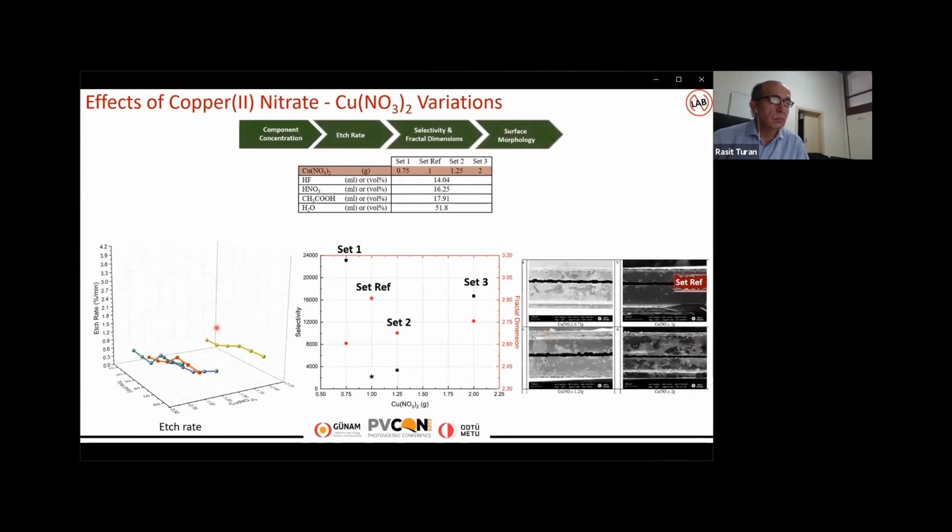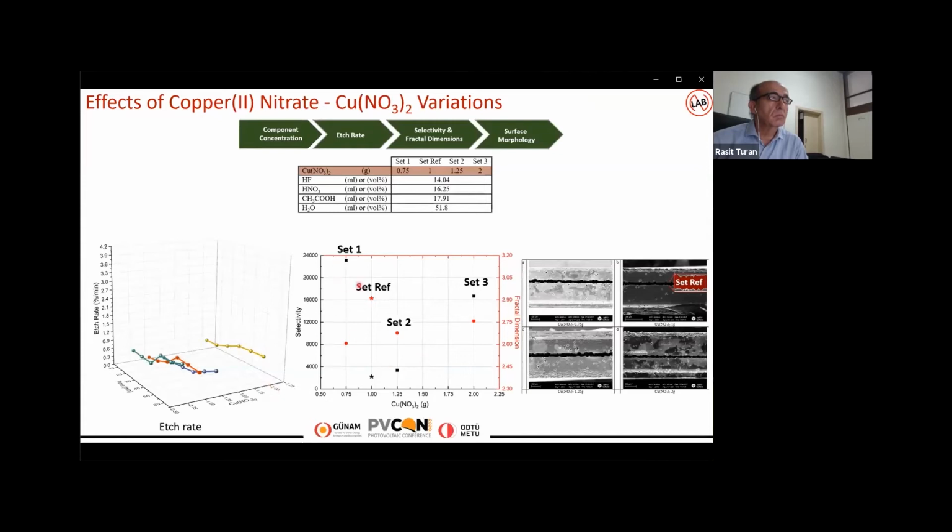As you can see, the etch rate of the laser modified region decreases as the amount of copper nitrate increases up to 1.5 gram. However, the etch rate starts to increase with a high amount of copper nitrate, 2 gram.